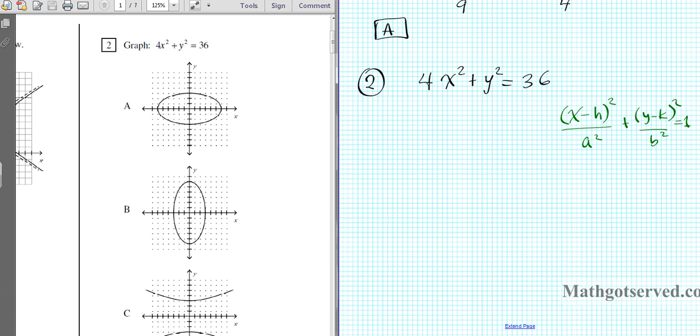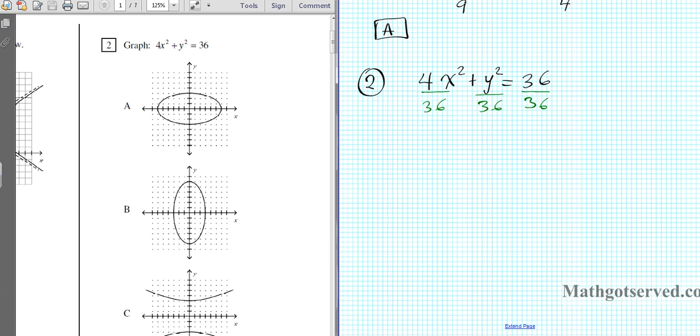First of all, we want to get rid of the coefficient of the x squared, and we also want to make this a 1. In order to accomplish that, if we divide both sides by 36, that will be sufficient. We're going to divide every single term by 36.